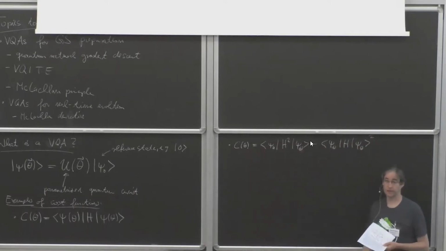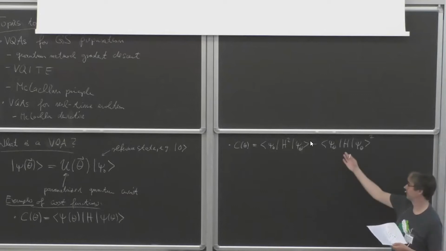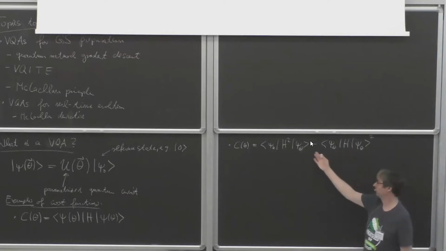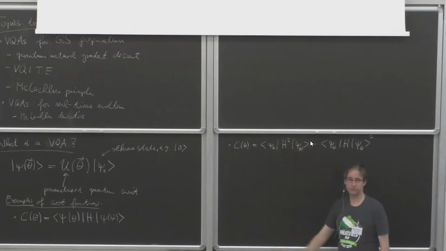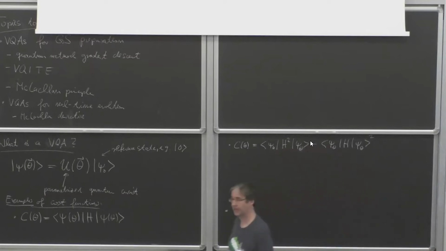Now you can tell me, when is this cost function minimal? Where would I converge to if I manage to reach a minimum of this cost function? What have I achieved? An eigenstate, right? Any eigenstate. So this is a minimum for any eigenstate.